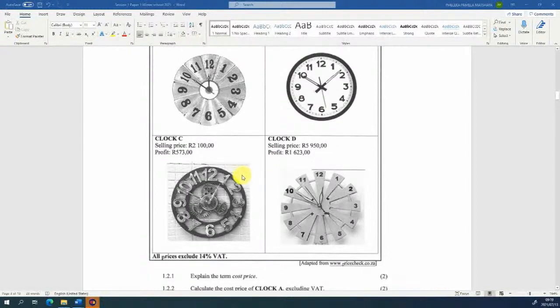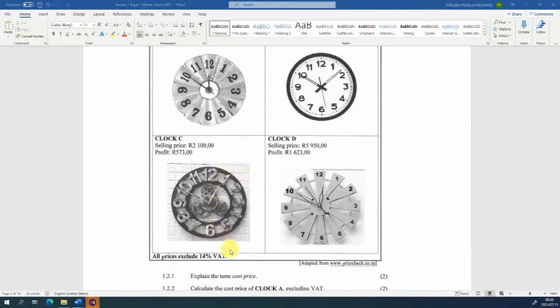Refrain from saying 1623. Say it's 1,623. Familiarize yourself and be comfortable in reading the values as you see them. That is one of the concepts that we do test in maths literacy at the end of the year.